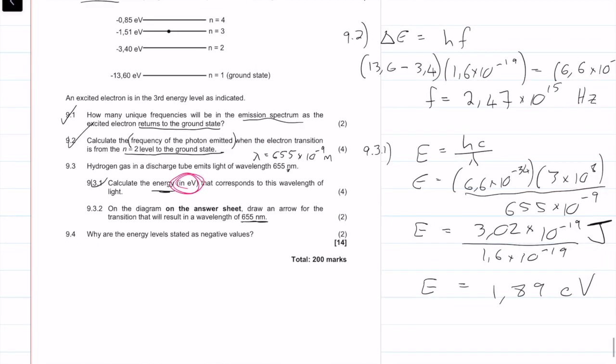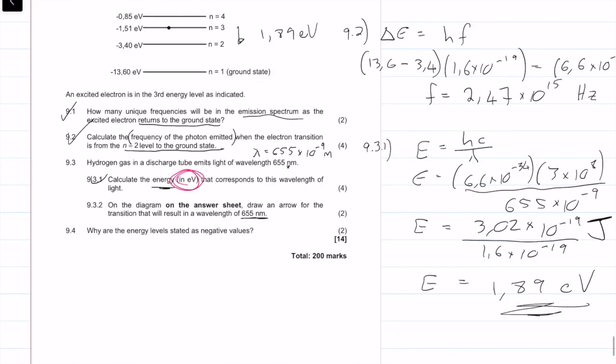Where is the difference of 1.89? If we look at the difference between 3 and 2, we can see that if we take 3.4 minus 1.51, boom, we have 1.89 electron volts. Here I'm looking for this value, where the difference in energy is equal to that.